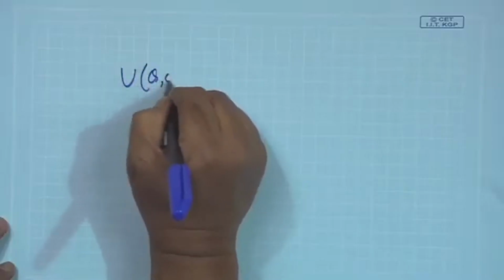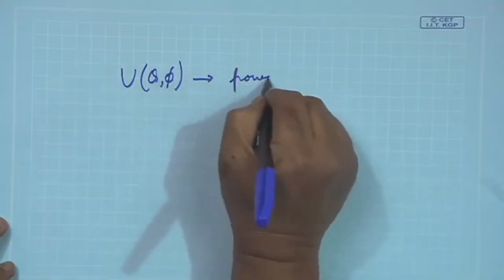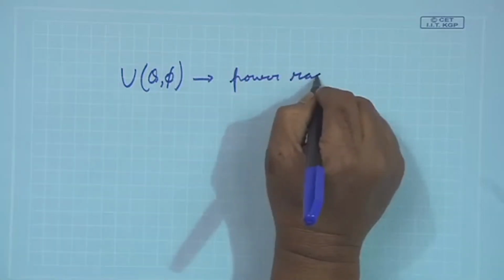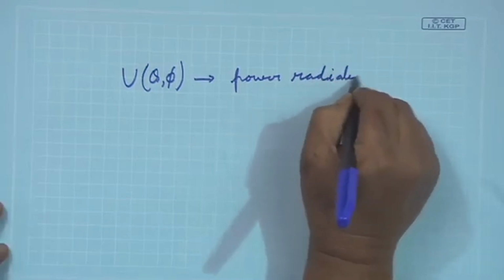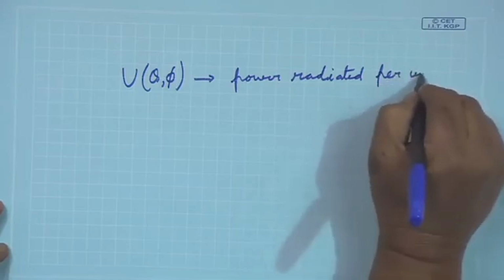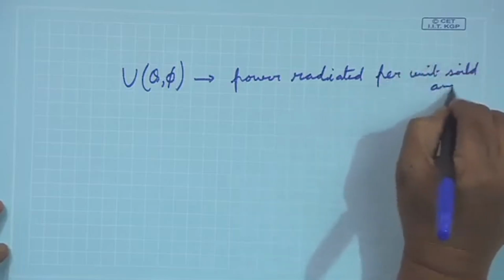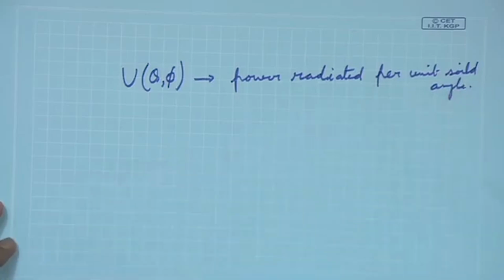So, the radiation intensity is the power radiated per unit solid angle. Okay.